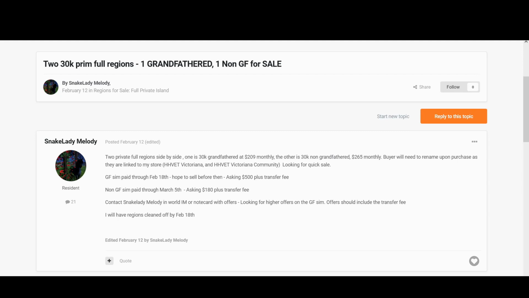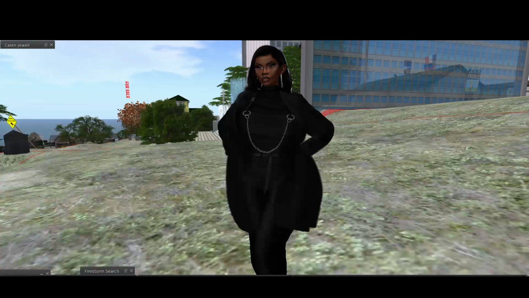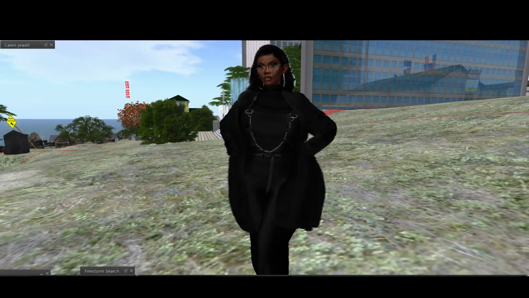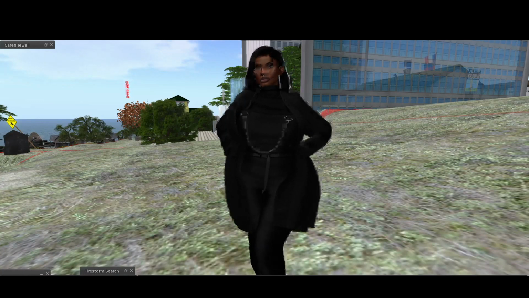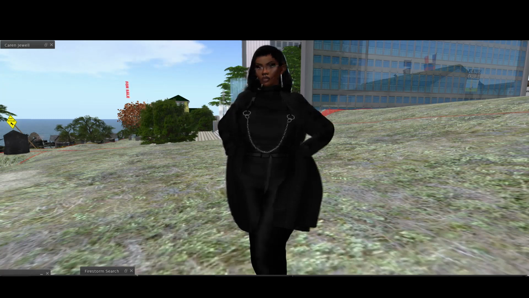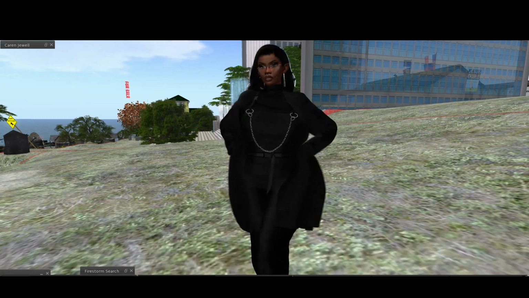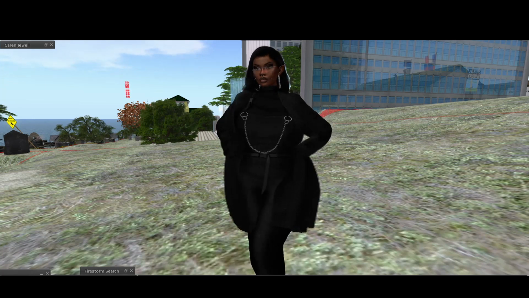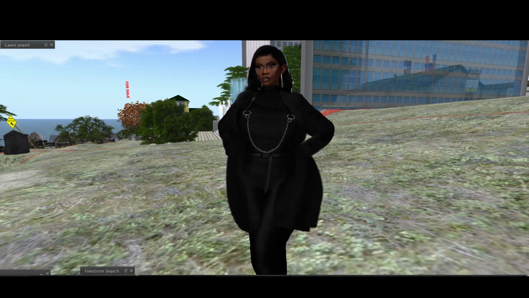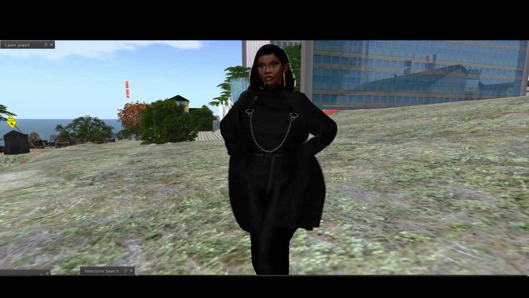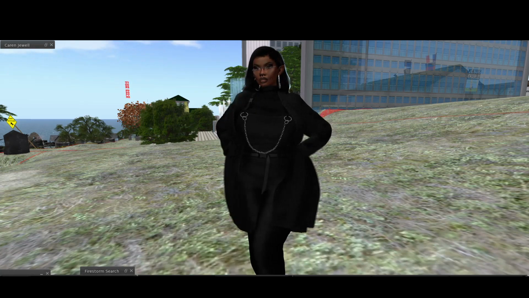Now, you will have some places in Second Life that will have their entire region for sale, and you will pay the Lindens, and if they don't transfer that region to you through Linden Lab, you don't own it. So, let's say you go to a full region, full sim, we are more familiar with calling them.